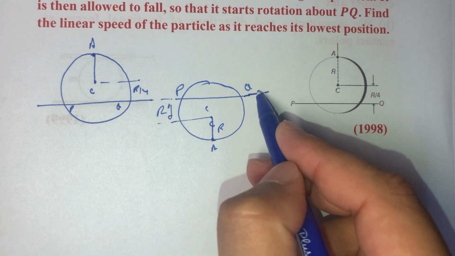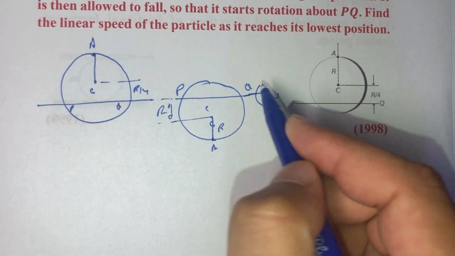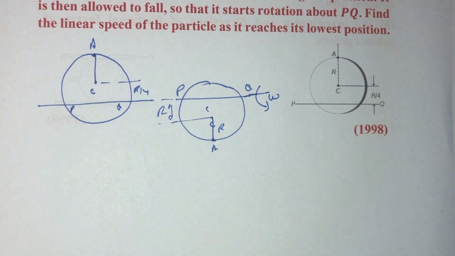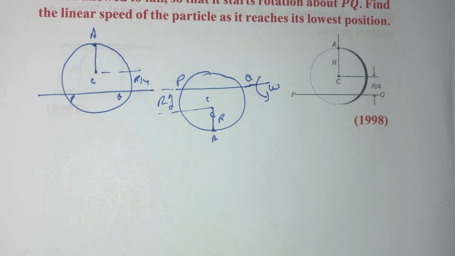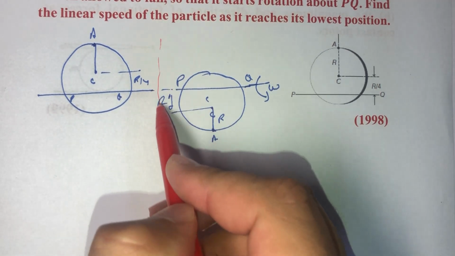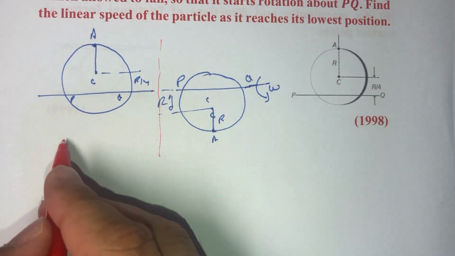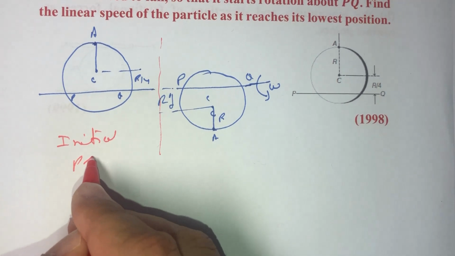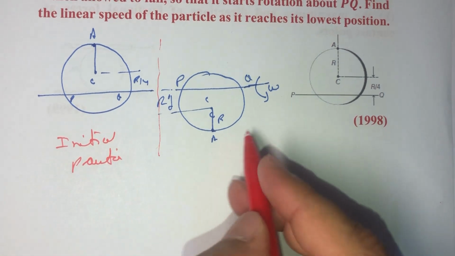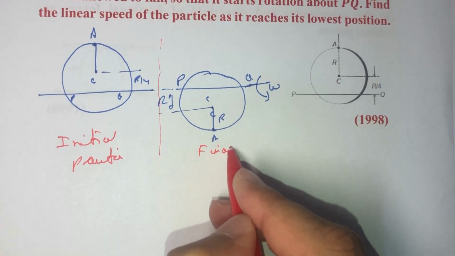So we can say it is rotating in this direction, let us suppose with angular velocity of omega. So we can say this is our initial position, and this is our final position.